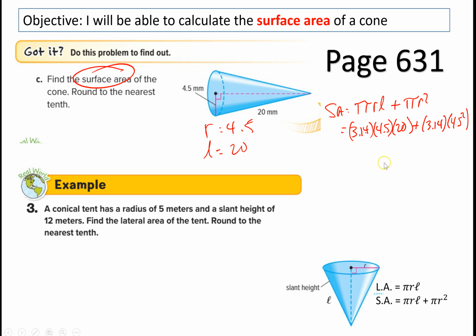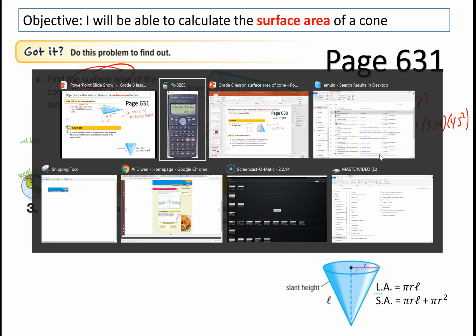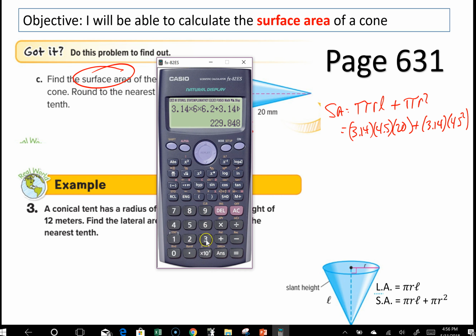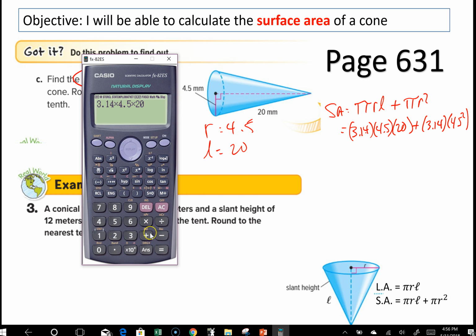Let's get that in the calculator. And I have pi times radius times slant height plus pi times radius squared.